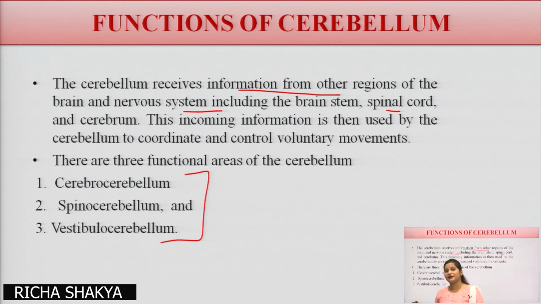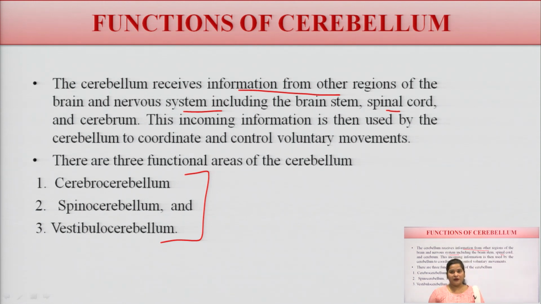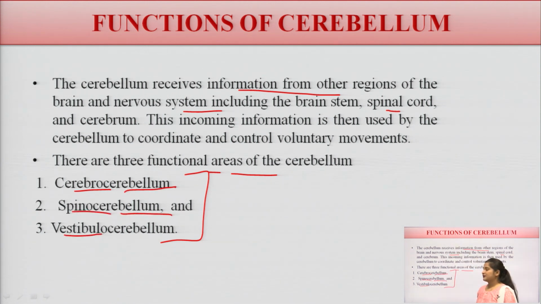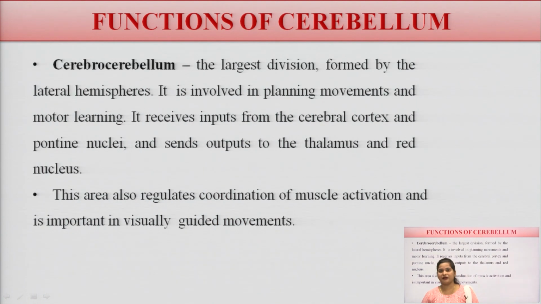In the previous slide we discussed the basic functions of the cerebellum, but it also receives input from other parts of the brain, maybe from the spinal cord, from the midbrain or from the forebrain. So there are three functional areas, that is the cerebrocerebellum, spinocerebellum and vestibulocerebellum. We discuss them here one by one.